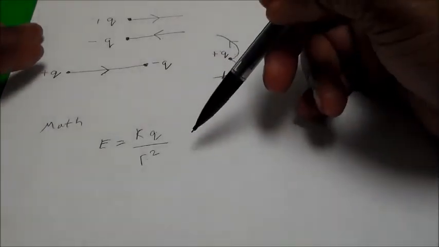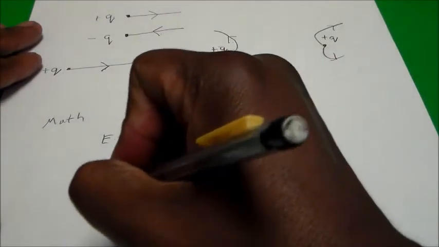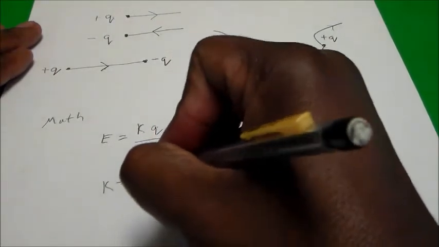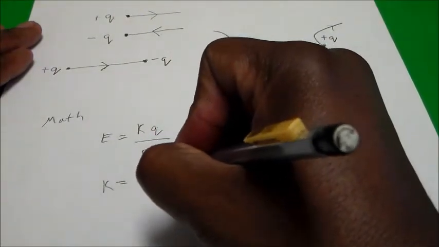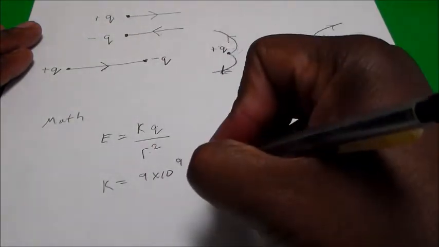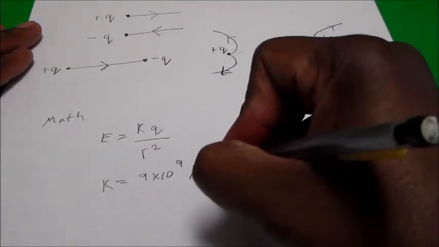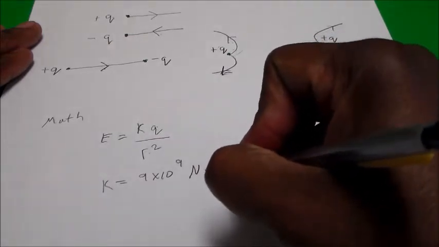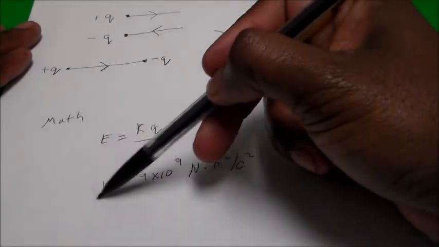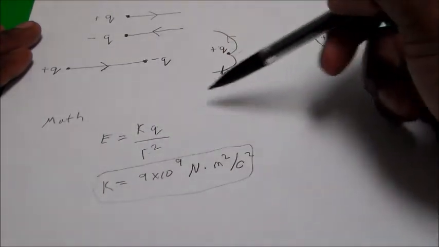K is approximately equal to 9 times 10 to the 9th newton meter squared per coulomb squared. So this is the value of this constant.